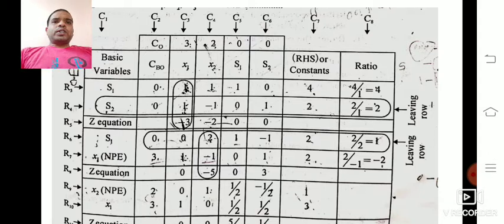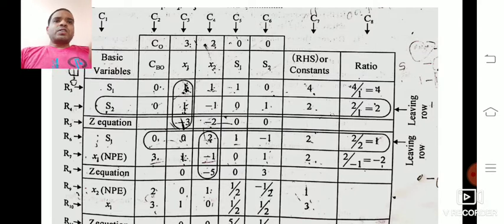Now coming to R6 and R7 rows, we need to make some changes here. We can take x1, that is R7, as R6 here, and the R6 row we can take for R7.